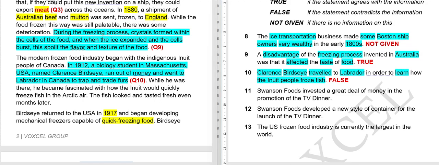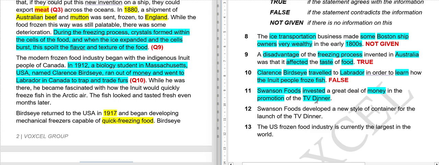11th question. Swanson Foods invested a great deal of money in promotion of the TV dinner. So this is the name of the company, I believe. They invested a great deal of money, meaning to say a lot of money, in the promotion of the TV dinner.